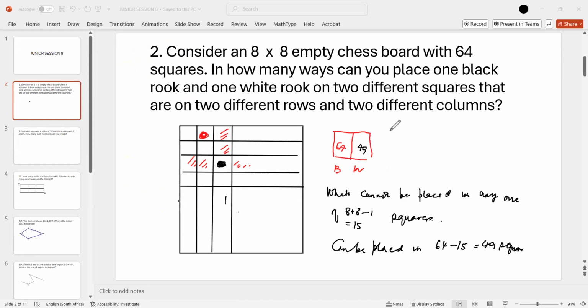So therefore, the number of ways is equal to 64 times 49, which is actually 56 squared, 8 times 7. And 56 squared is 3136. You can multiply it out. You're not allowed to use calculators. And you can get the answer to that.